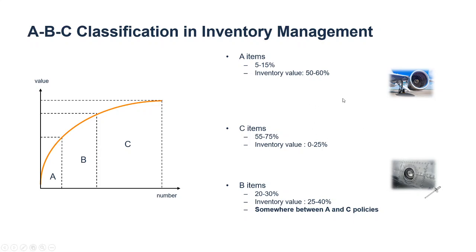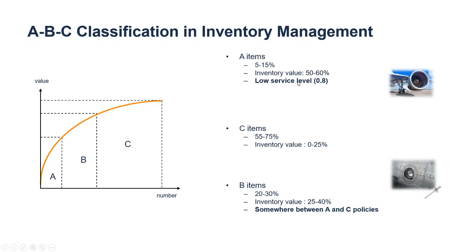But in this case, this is not the way to treat our inventory, because we cannot just have plenty of engines just in case we need them. Okay, so in this case, what we want is to have a low service level, which means having a low safety stock. This doesn't mean that we run the risk of running out of stock. It's just that we have a low safety stock as defined in classical policies for inventory management.